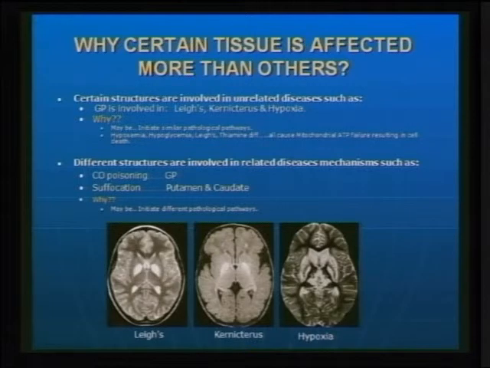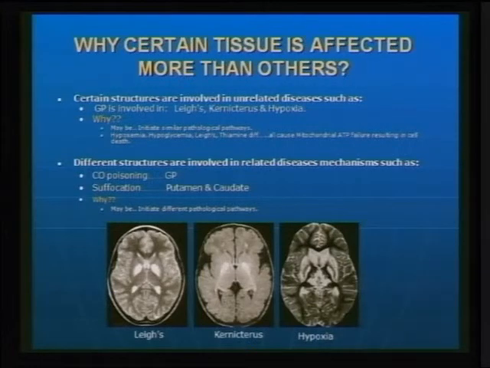For instance, Leigh, kernicterus, and hypoxia all affect the basal ganglia, primarily the globi pallidi, but may also affect the putamen as well. Although, if you go into the pathological processes in Leigh, kernicterus, and hypoxia, they're quite different. Nevertheless, the area that is being affected is the same.